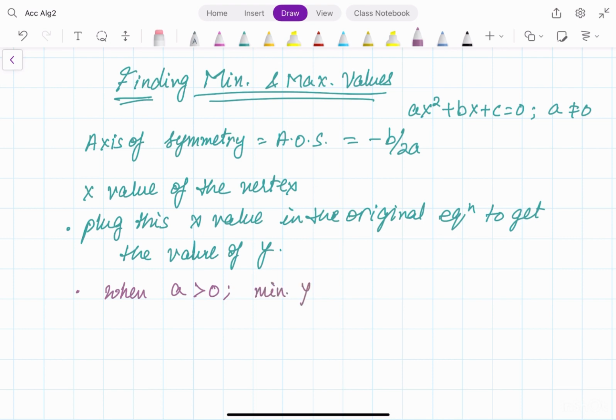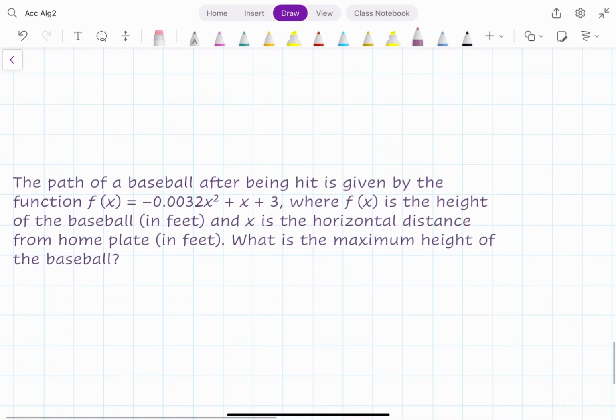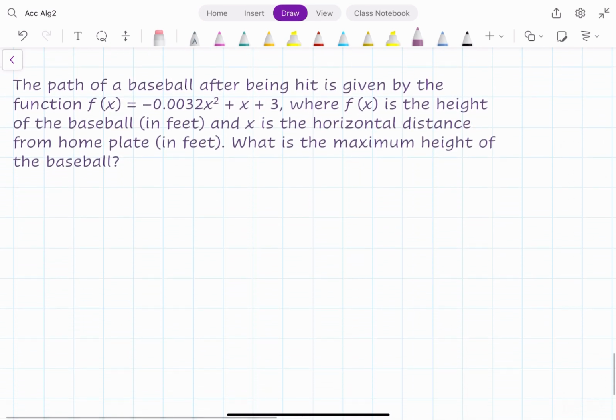Then we are expecting a minimum value of y. When the leading coefficient a is less than 0, then we are expecting the maximum value of y. So just by looking at the equation without solving it, you can estimate whether it will generate a maximum or minimum.